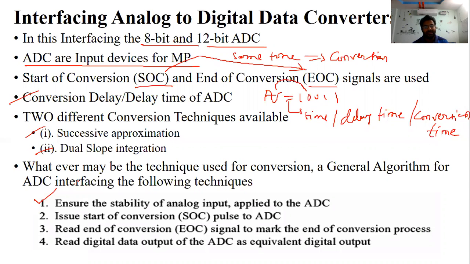In this conversion process, whether you take the successive approximation method or the dual slope integration technique, the analog signal we consider must be kept fixed until the conversion is over, up to the conversion end.